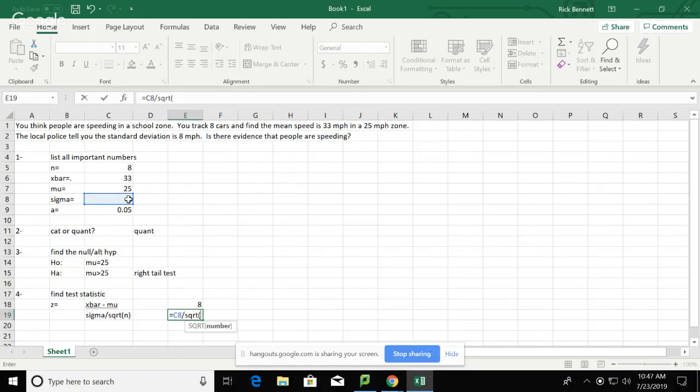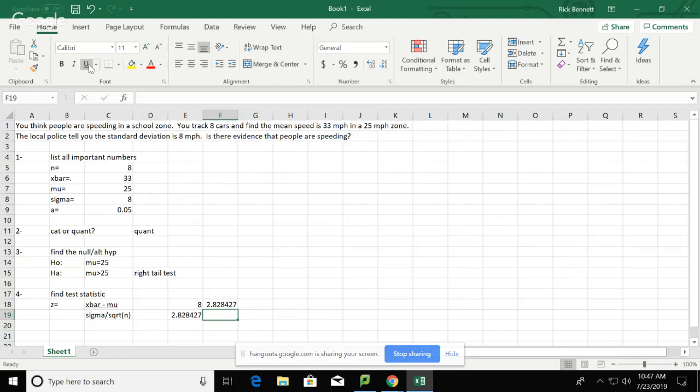Apparently I like the number 8. I've got my numerator divided by my denominator: 8 divided by 2.8, which works out to be 2.828. That's what happens when you make up your own problem. They do weird things.